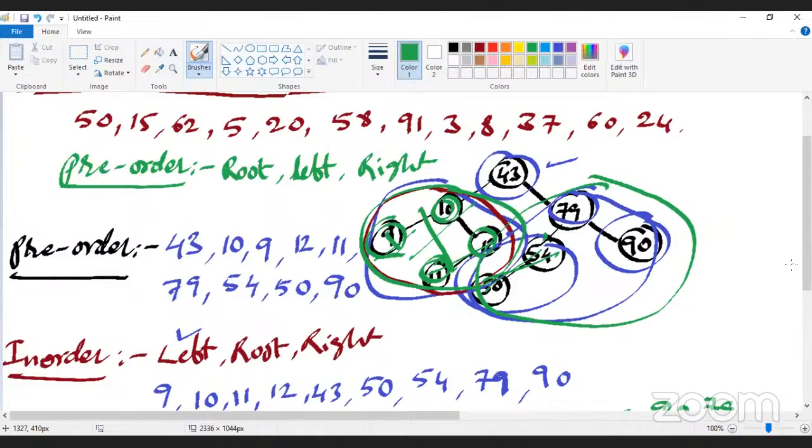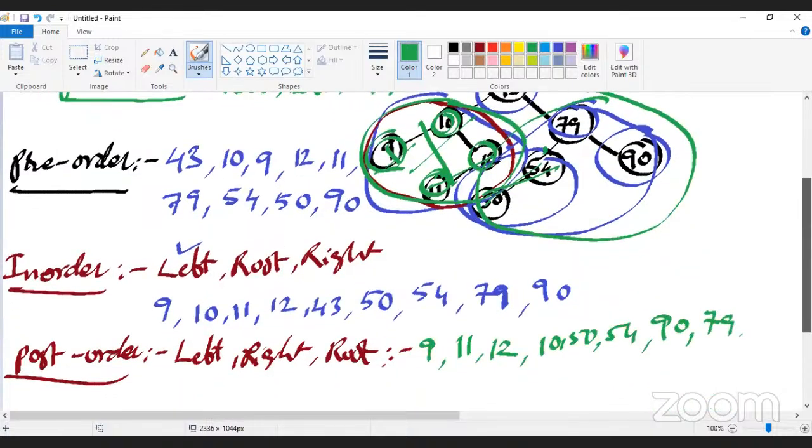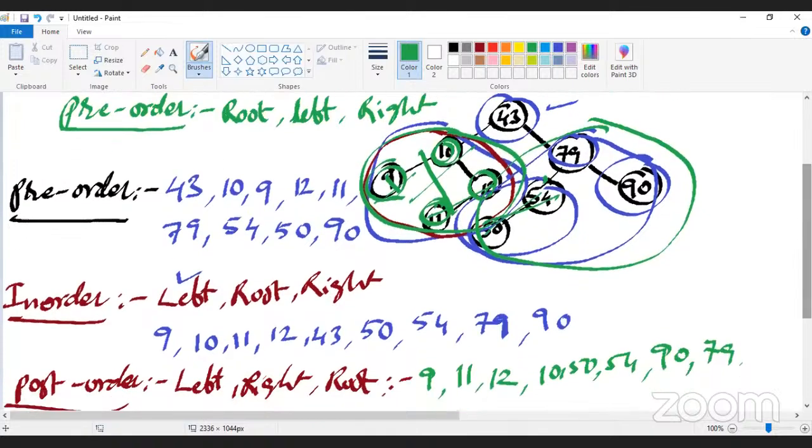In post order the root comes last. 43, we missed. Yeah, 43 we missed.